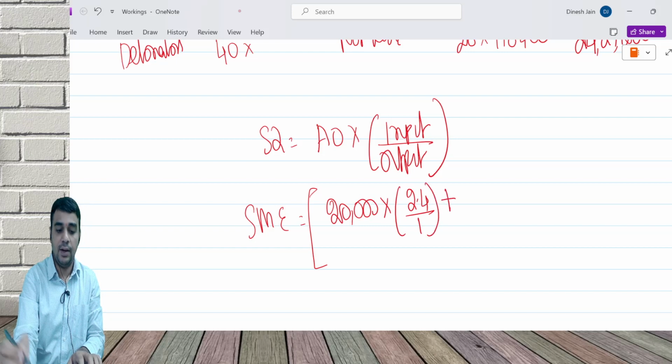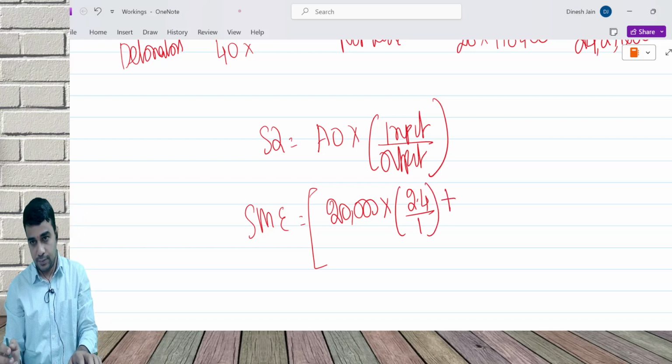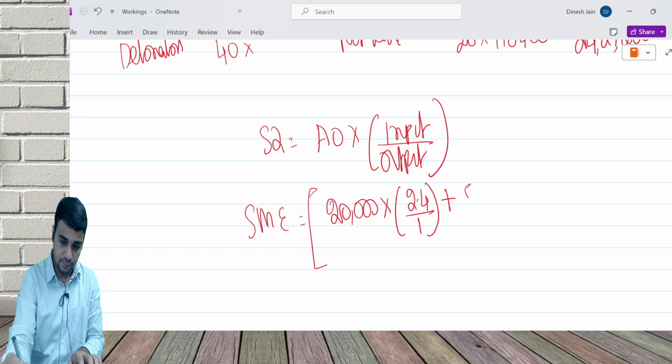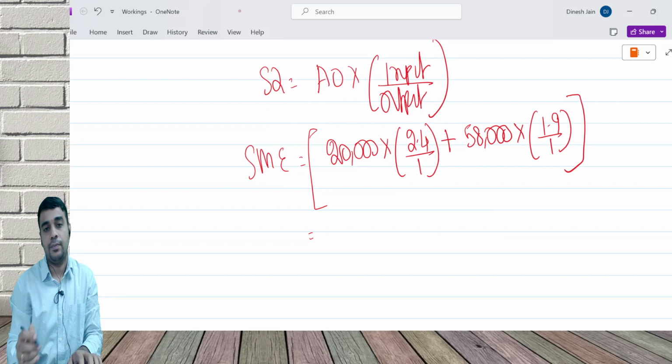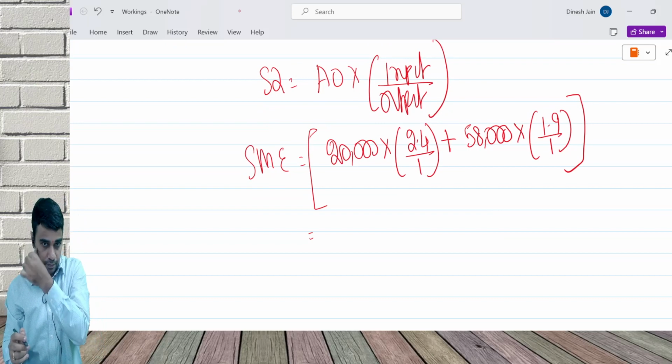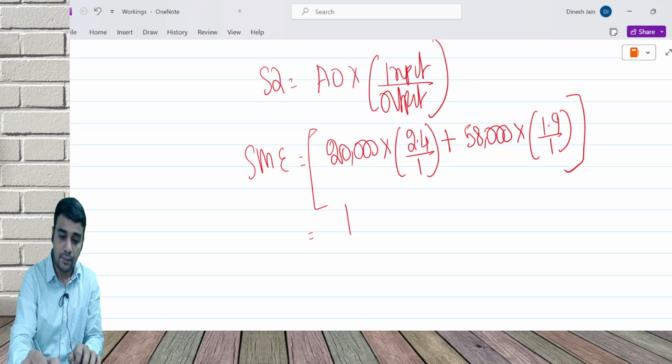Plus detonators. What is the output? Into, tell me the total. 1 lakh 58,200 kg.